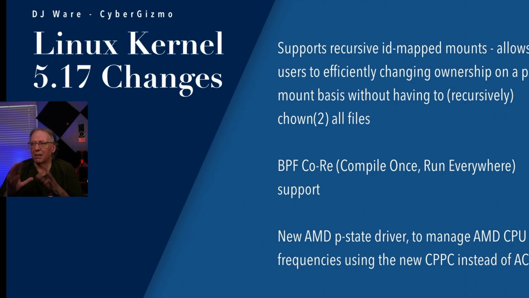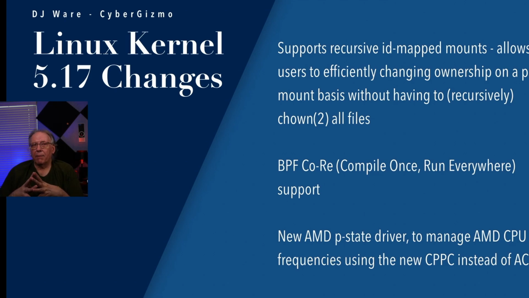So now you can say this mount point does this. The other one is the Berkeley Packet Filter, or BPF. It is now compile once, run everywhere, so you can make your changes on a different machine, bring them over to this one, and they'll work. So you don't have to recompile them.